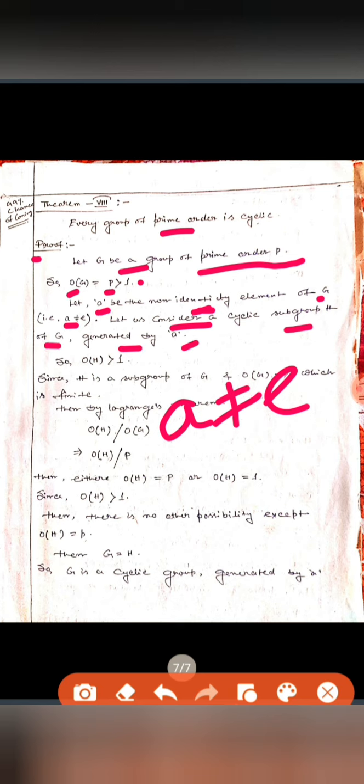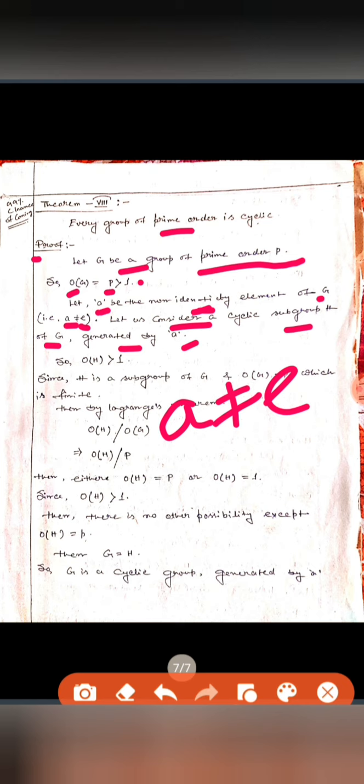If we take the cyclic subgroup generated by E, the identity element, then the theorem is trivially over, as the order is 1 and it is cyclic obviously.